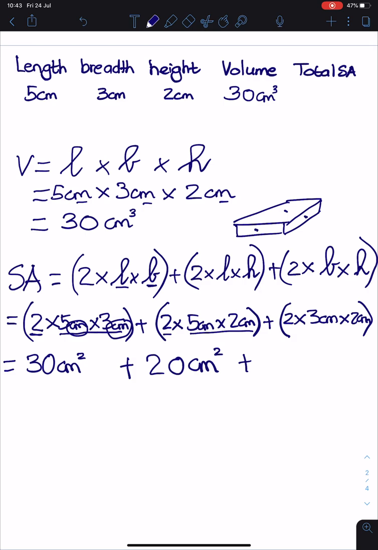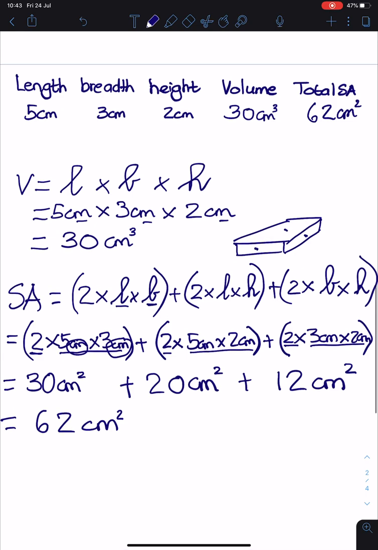And the last one, 3 times 2 is 6, and 6 times 2 is 12. And now we add those together. 30 plus 20 is 50, and 50 plus 12 is 62 centimeters squared. So we can fill that in on our table.